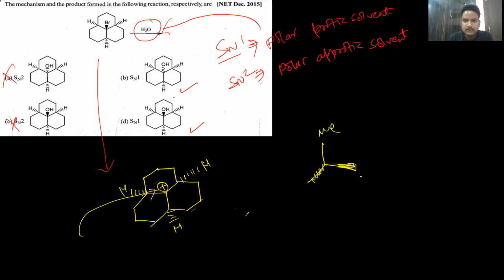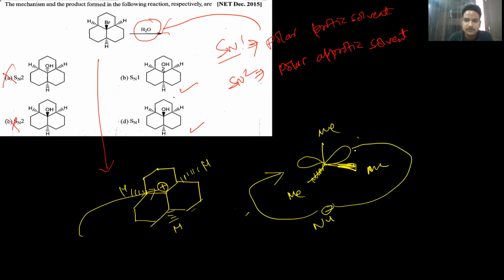So suppose this is Me, Me, and Me, and this is the sp2 hybridized carbon. The sp2 hybridized carbocation has a vacant p orbital. The nucleophile has the chance to attack either 50% from this side and 50% from this side. So we end up with the racemic compound. So we cannot fix the stereochemistry here.